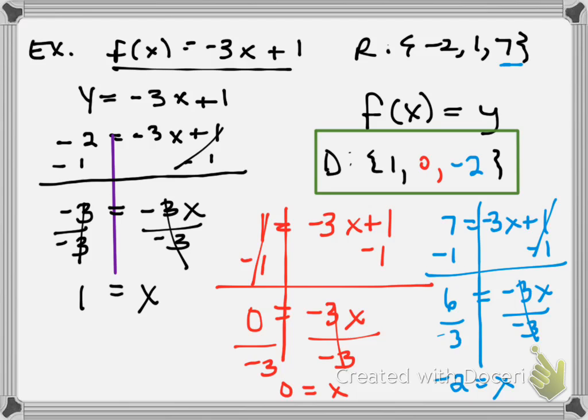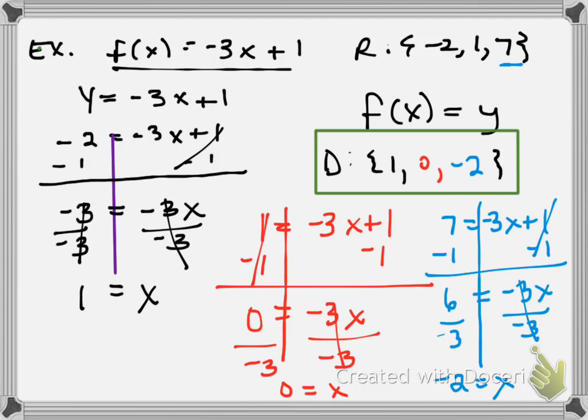Alright, let's look at our next example. So that was domain and range. We're going to talk a little bit about intercepts again. So this will be our intercepts section. Okay, so tell me again, what is an x-intercept?